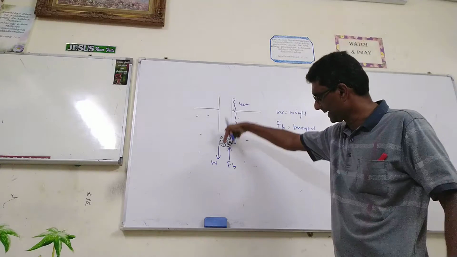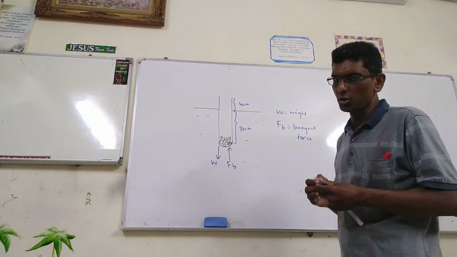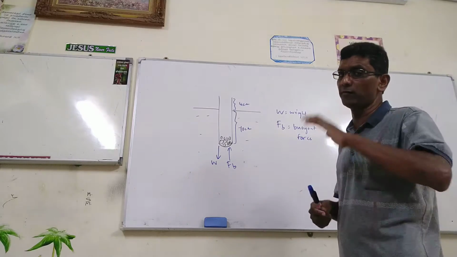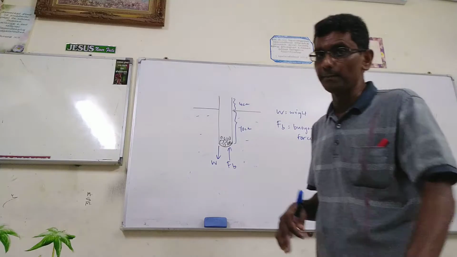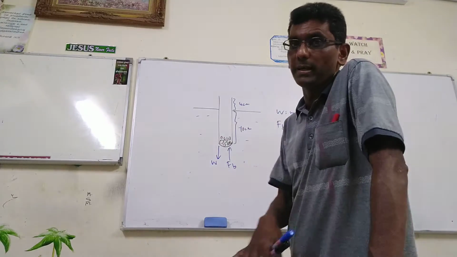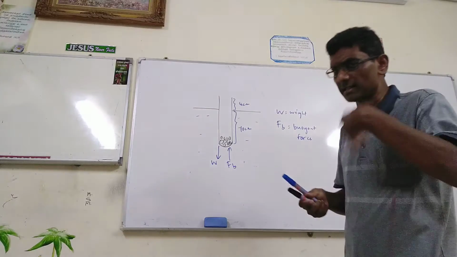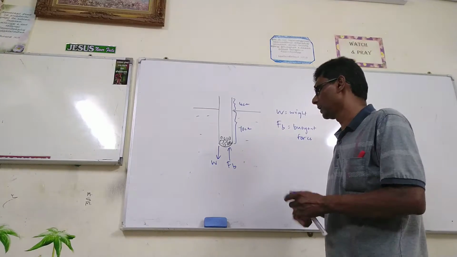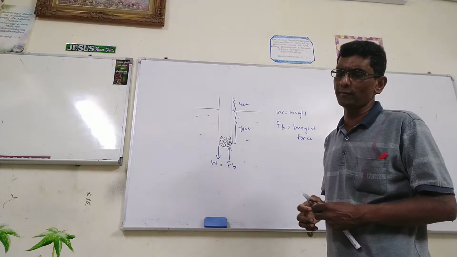The weight is acting downwards, the buoyant force acting upward. These are the two forces. Okay, it is floating upright. It does not sink completely. The tube doesn't immerse completely. So that means we can understand one thing: the weight must equal the buoyant force.